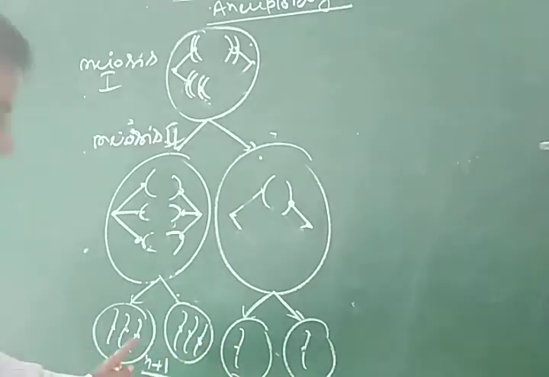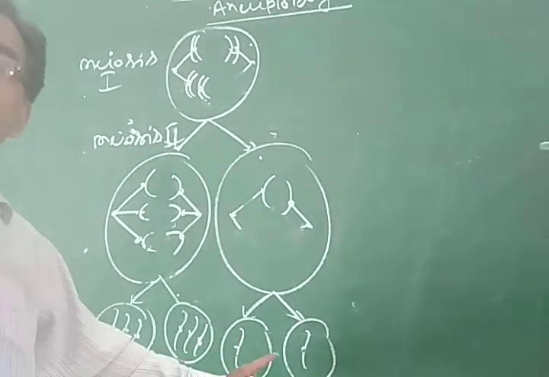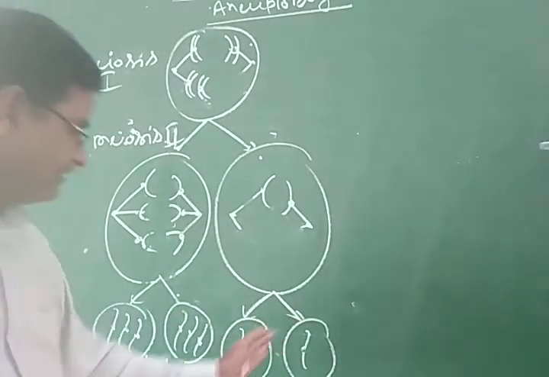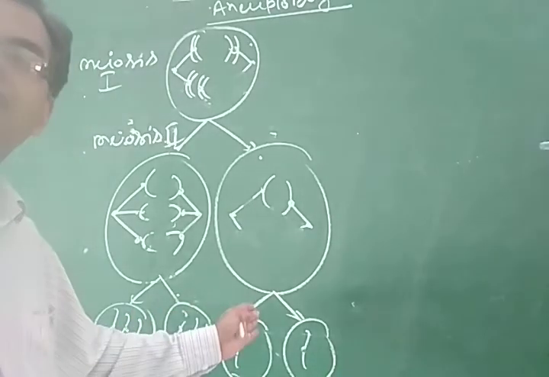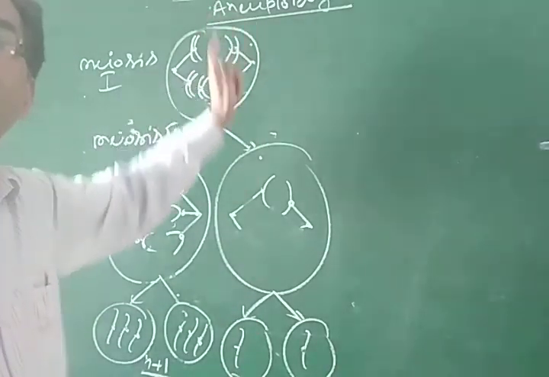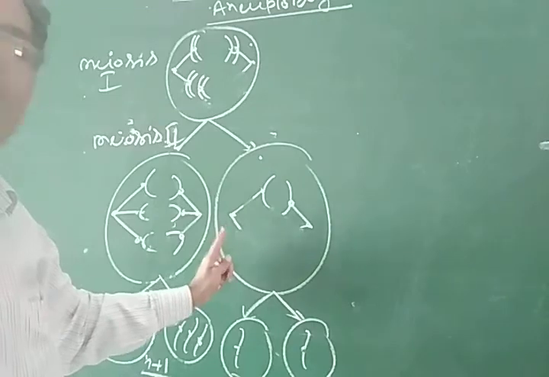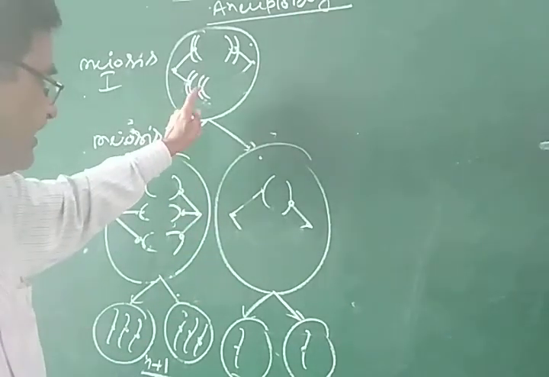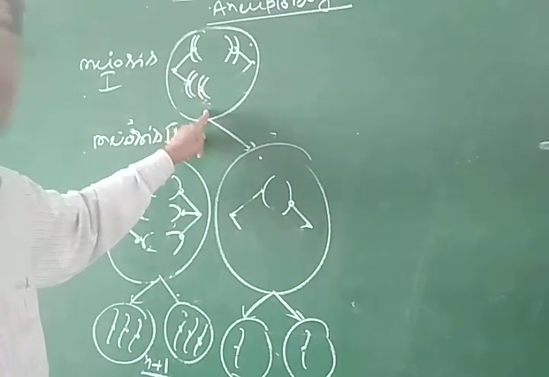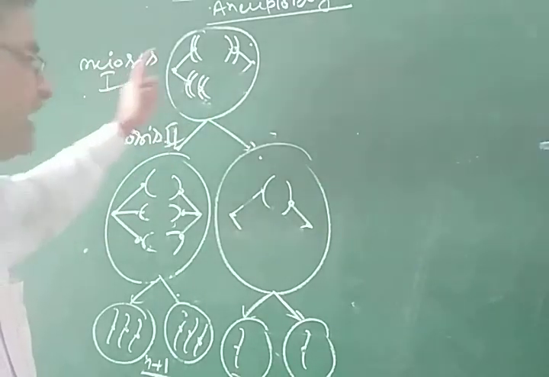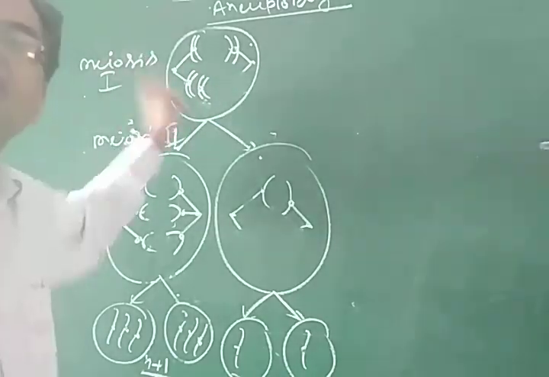Here there is the addition, there is the loss. The loss and gain of chromosomes causes aneuploidy. And what is the reason for this loss or gain? That is the failure of segregation of homologous chromosomes in the anaphase stage of meiosis 1.